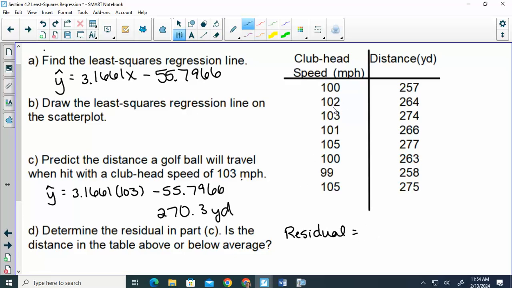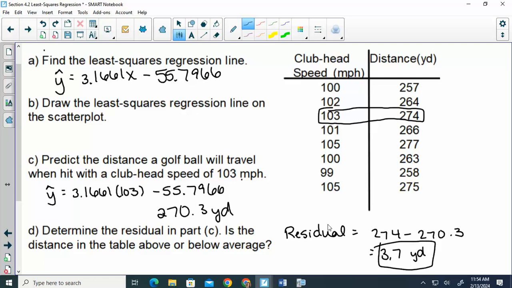So when it was hit with 103, we had a distance of 274 minus our predicted 270.3. So we get a residual of 3.7 yards. That means our line is off by 3.7 for that particular point, so not too bad.